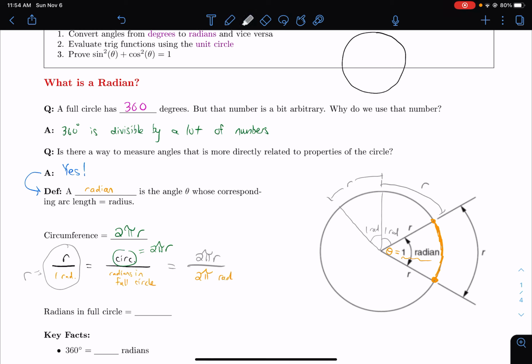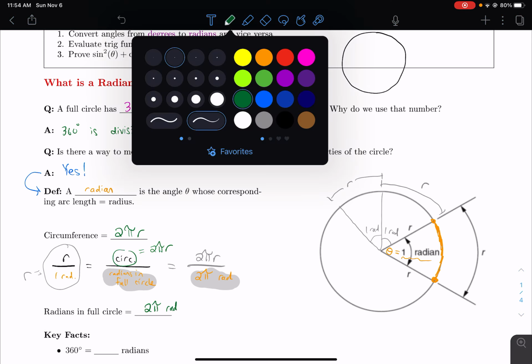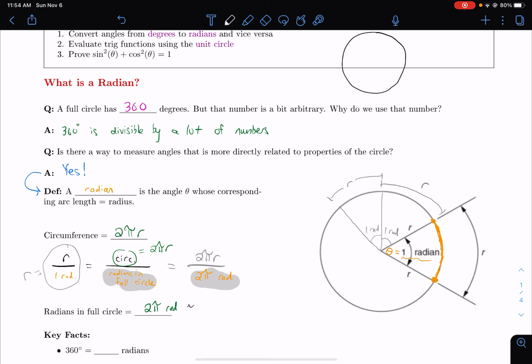Okay, so I'm going to highlight this. The number of radians in a full circle is 2 pi. There are 2 pi radians in a full circle. And when we say pi, we mean our same about 3.14. Multiplying that by 2, that is about 6.28. There are about 6.28 radians in a full circle.